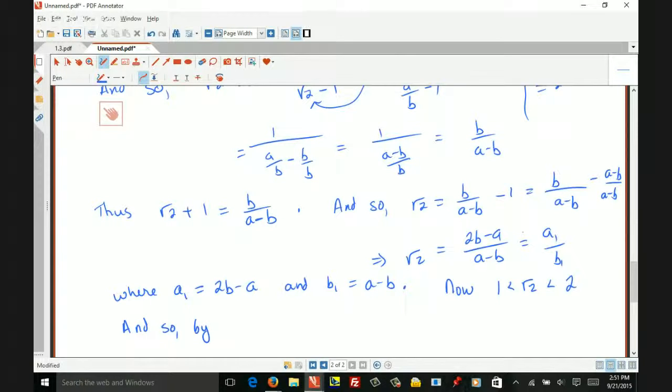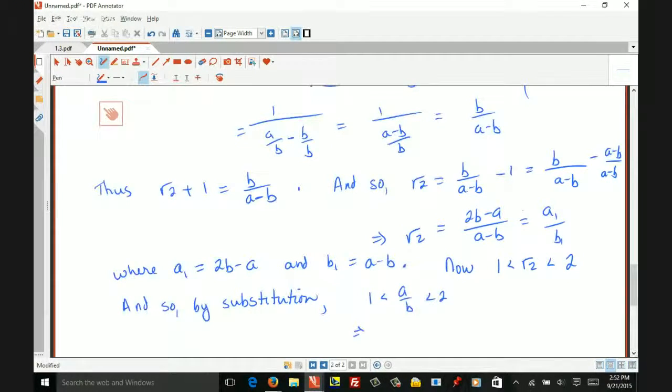So substitute a over b in. You're going to have 1 is less than a over b is less than 2. Multiply by your b, you have b is less than a is less than 2b.